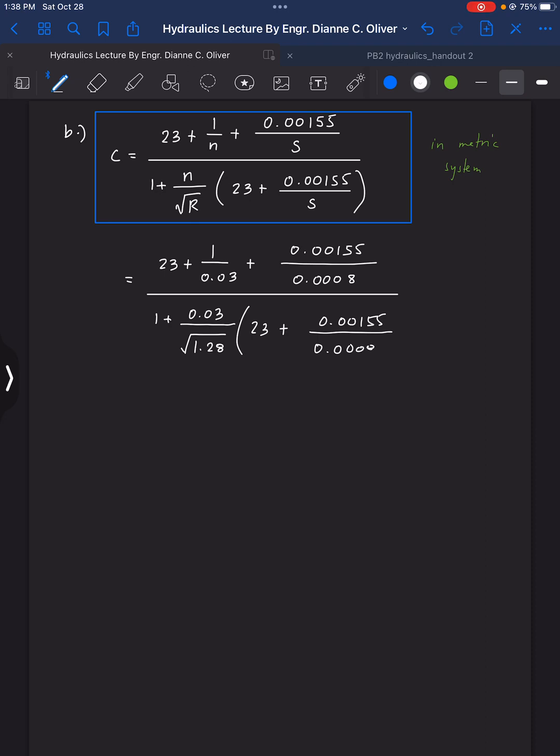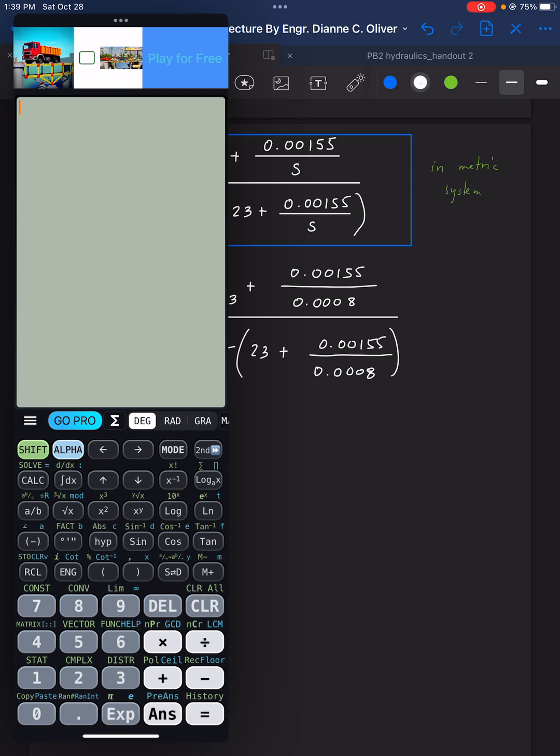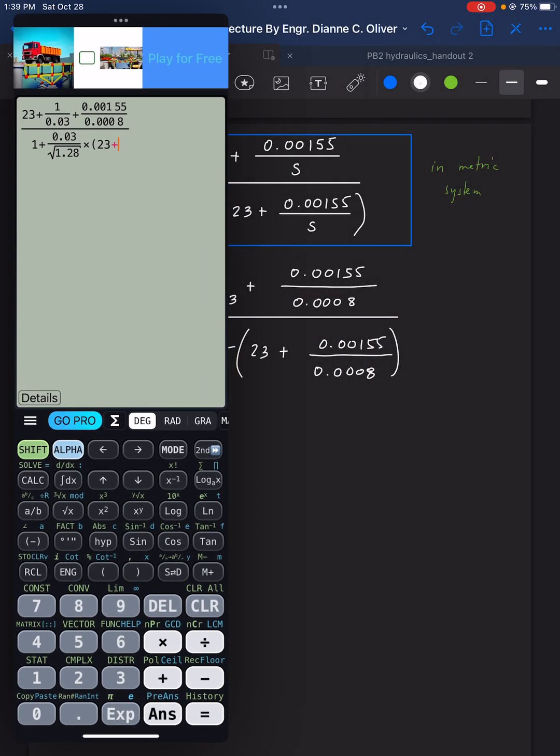So that is equal to 23 plus 1 over 0.03 plus 0.00155 over 0.008, all over 1 plus 0.03 over the square root of 1.28, which equals 23 plus 0.00155 over 0.0008.